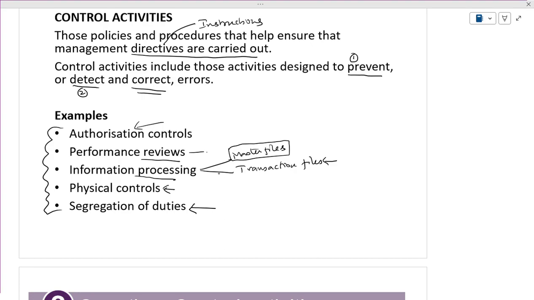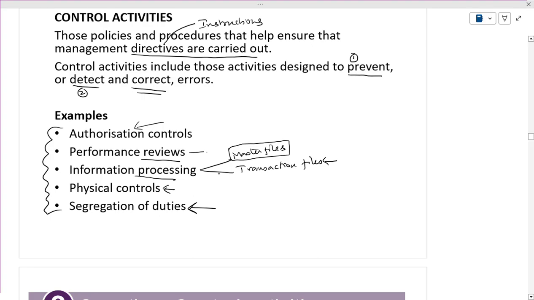That is the processing. You also have physical controls in terms of non-current assets, and most importantly, this is where you have segregation of duties. See, audit is a very simple paper, if you know how to approach it.